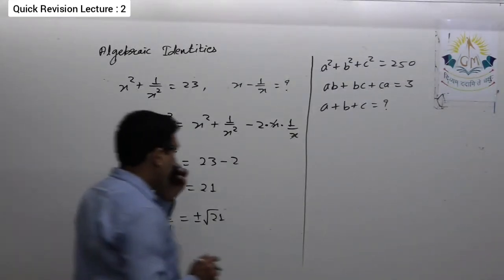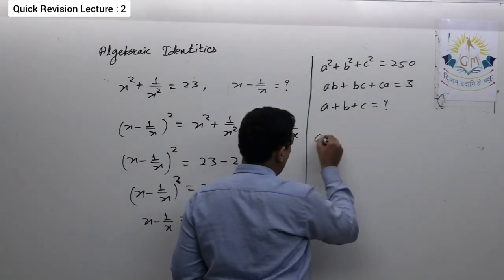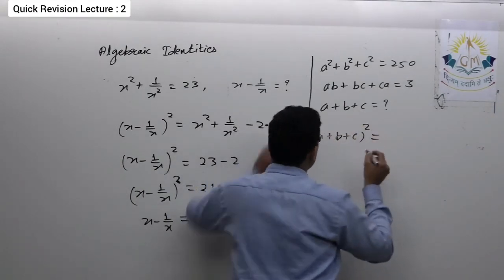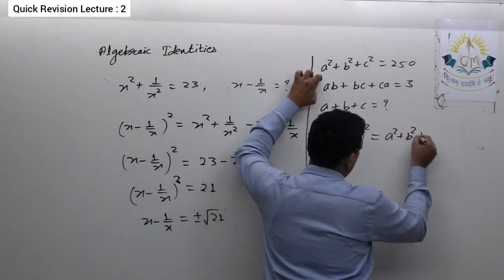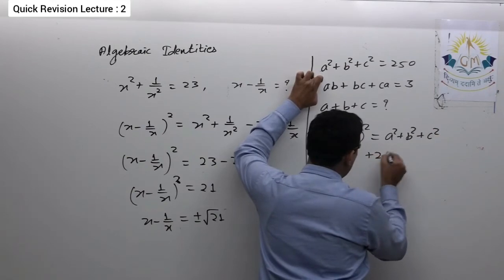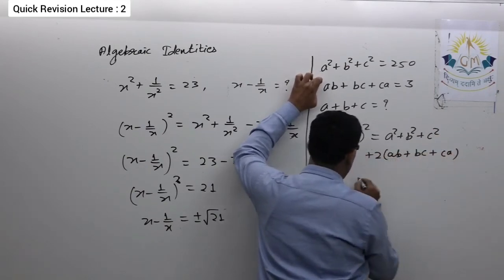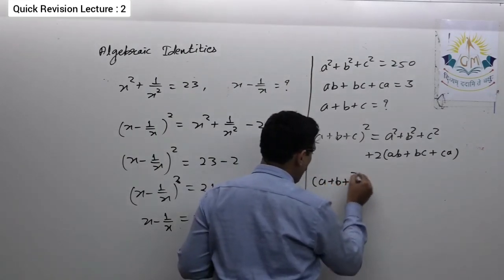Okay, simply we'll apply the identity of a plus b plus c whole square. So that identity is a plus b plus c whole square is equal to a square plus b square plus c square plus 2 into ab plus bc plus ca. So we need to find a plus b plus c whole square.